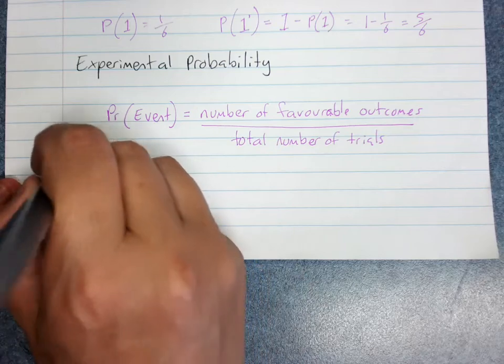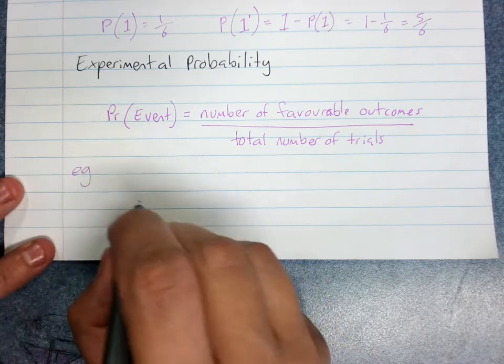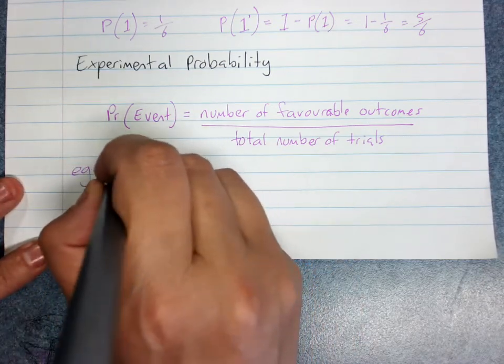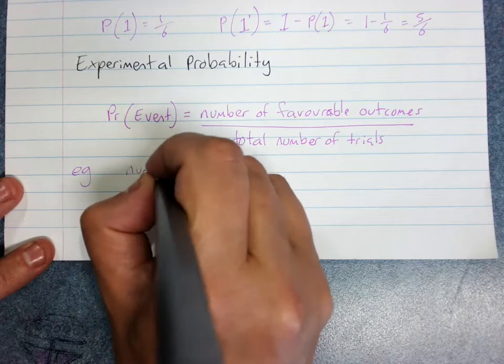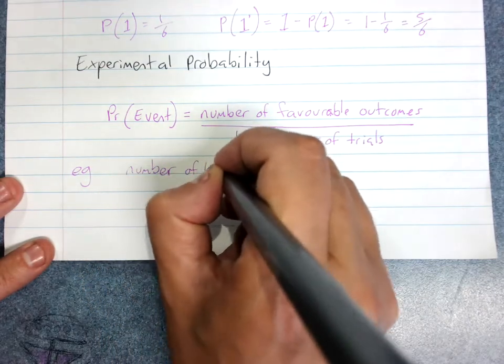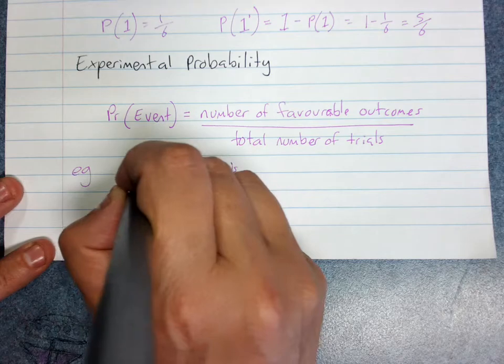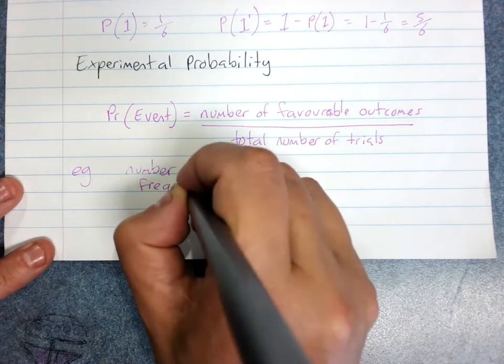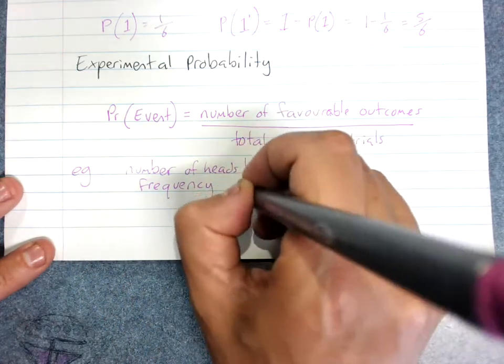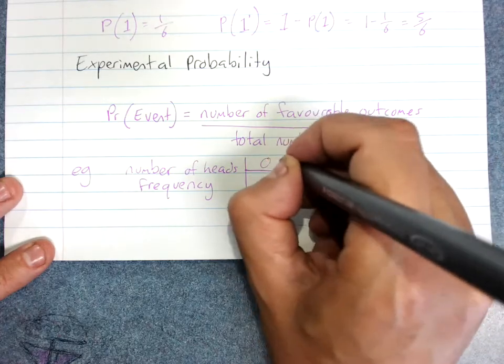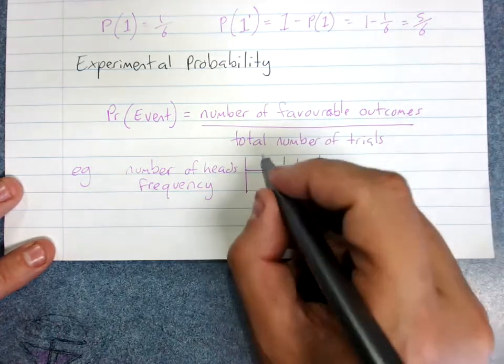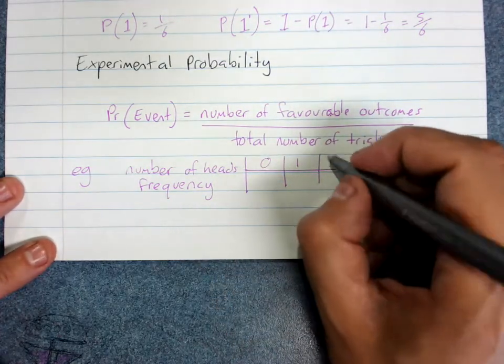So, for example, if I've tossed 3 coins and counted the number of heads and tallied that in a frequency table, I could get 0 heads, so I could get tails, tails, tails with my 3 coins.